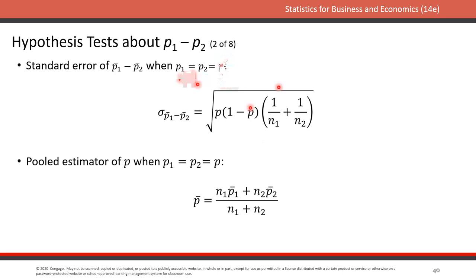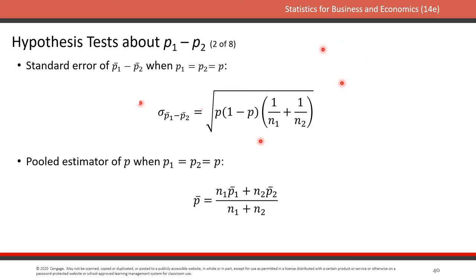Now, if I do that in this particular case, I end up with p times 1 minus p divided by n sub 1 plus p times 1 minus p divided by n sub 2, and I can factor out this p times 1 minus p. If you don't understand what I'm saying here, go flip back in your slides to the standard error that we had when we did the confidence interval.